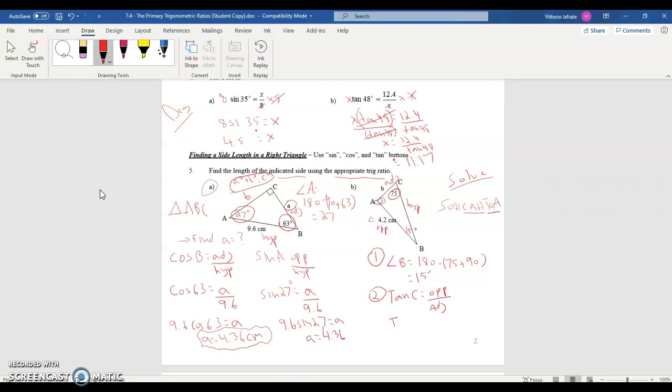And so we know that tan of 75 is equal to 4.2 over the adjacent side, over B.